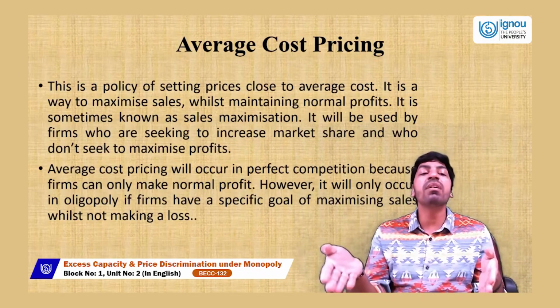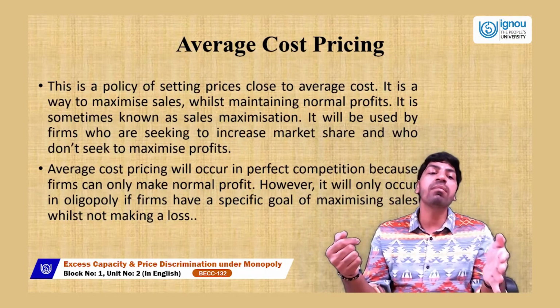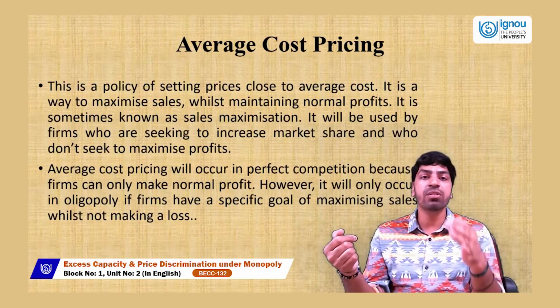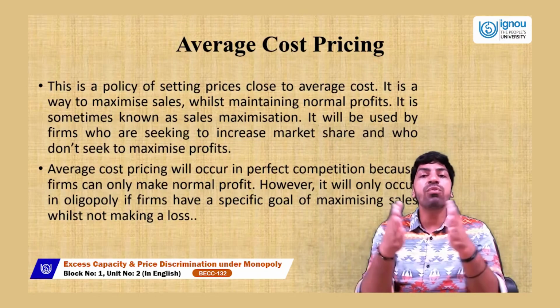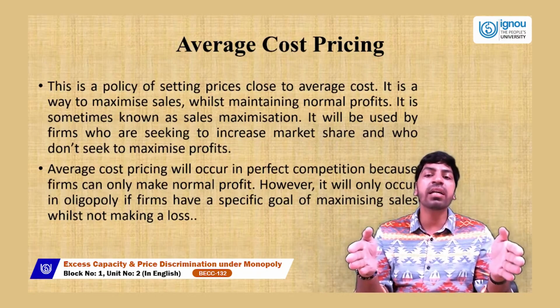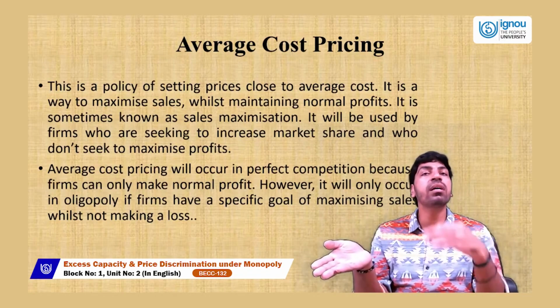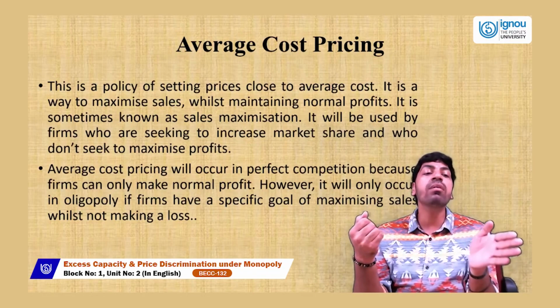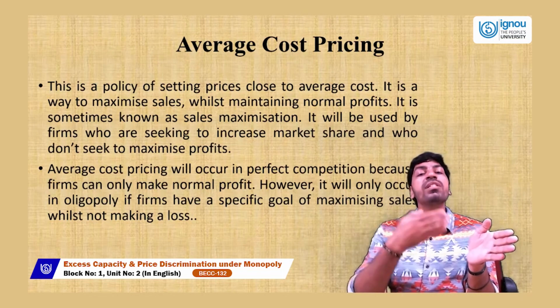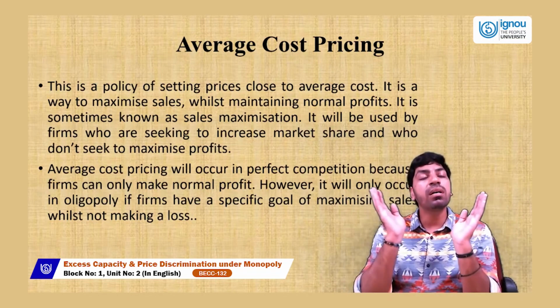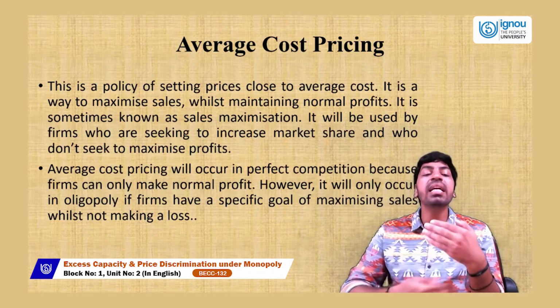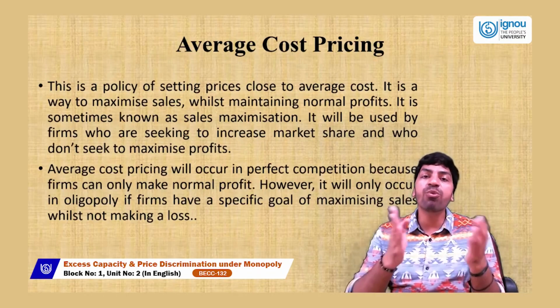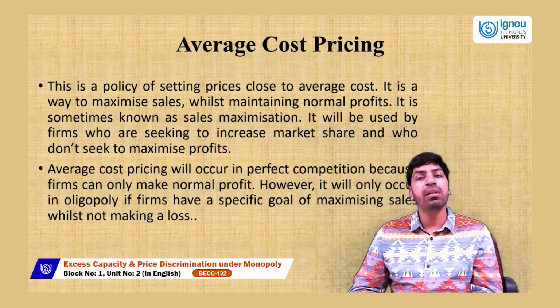When there is a case of perfect competition, the firm will earn the normal profit. So under this method there are two markets. In a perfect market, the firms will earn only normal profit using this pricing method. But in oligopoly, the firm will always try to maximize their sales, which automatically leads to profit rather than a loss.